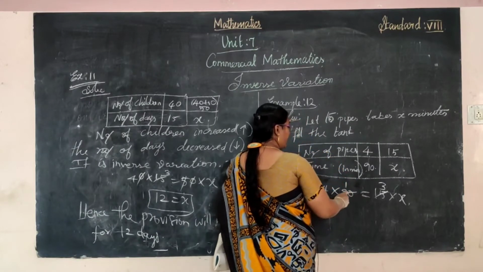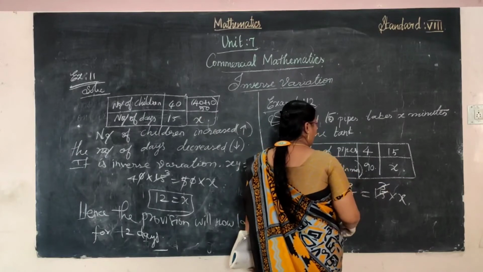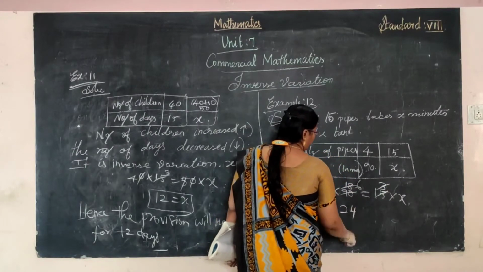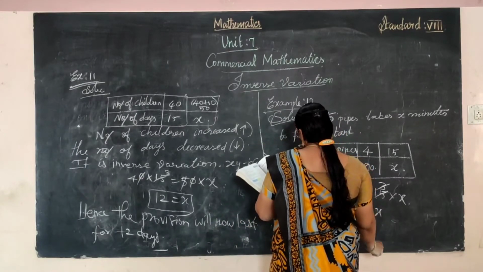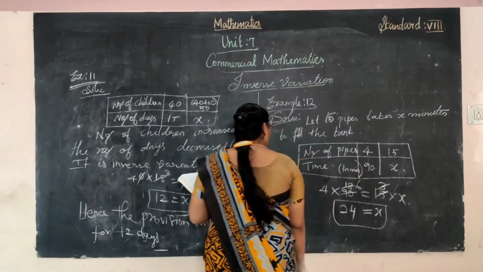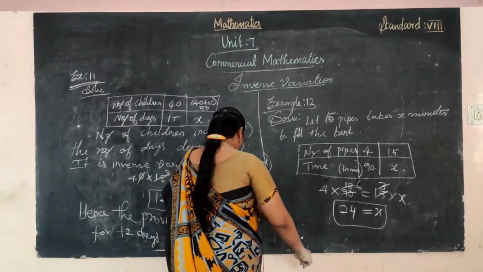1 5s are 5, remaining 4 8s are, okay, again 3 table, 3 6s are 18, 4 6s are 24. So x equals 24. So how many minutes? 24 minutes.